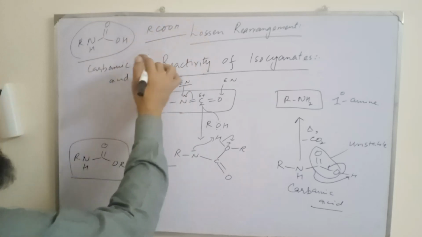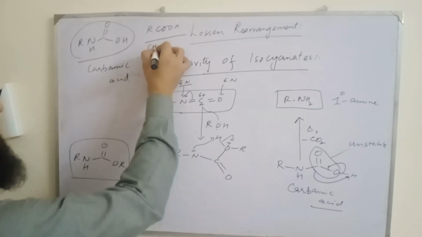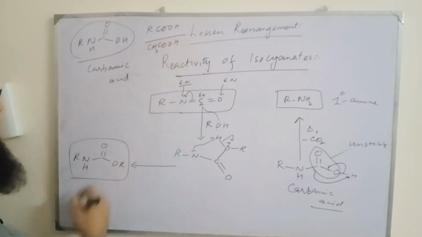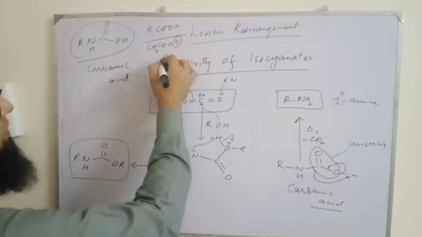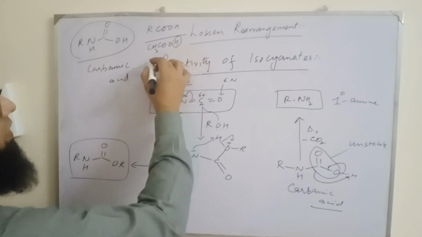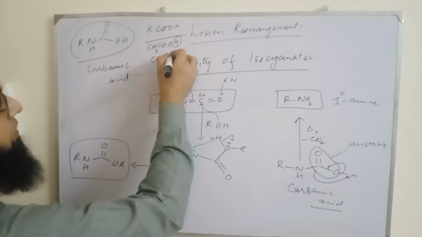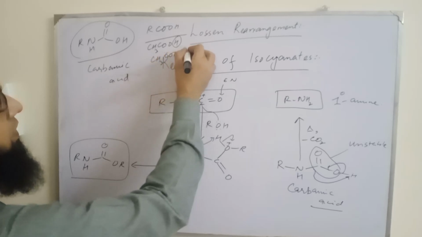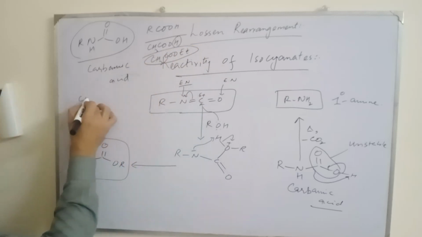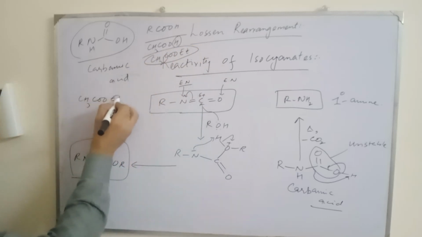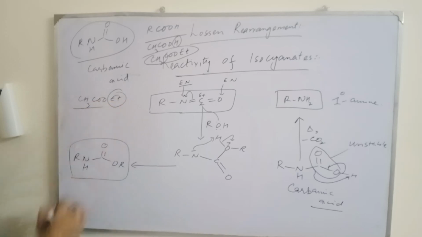And for example, a general acid would be acetic acid, and if this hydrogen is replaced by an alkyl group, we call it, for example, ethyl. So this molecule is called ethyl acetate. I write it here as well. So we call it ethyl acetate. Similarly, we have alkyl group here. So this would be called alkyl carbamate.